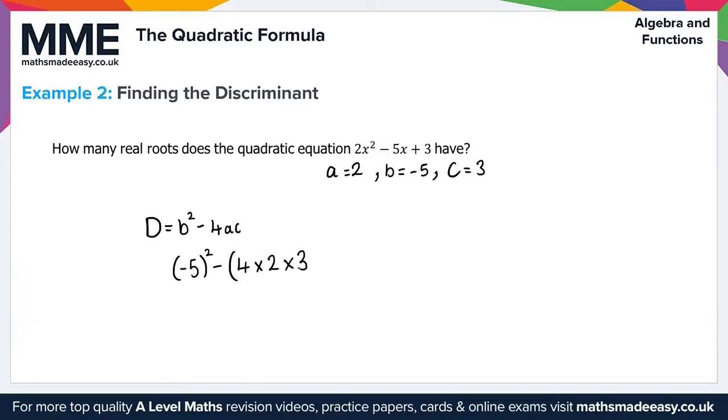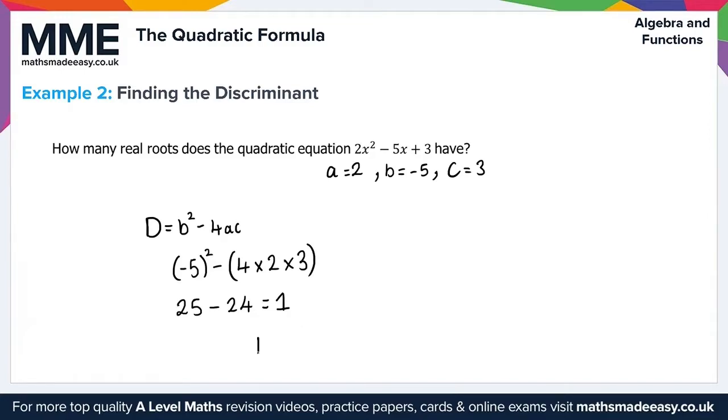Well here, minus 5 squared gives us 25, and 4 times 2 gives us 8, times 3 gives us 24. So we obtain 25 minus 24. And 25 minus 24 simply gives us 1. Now in this case, remember we compare this to 0. So we check whether our value is greater than 0, equal to 0, or less than 0.